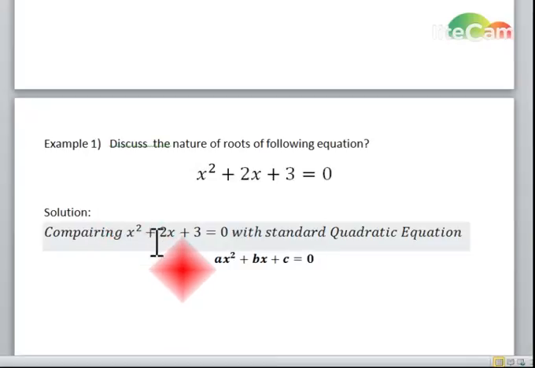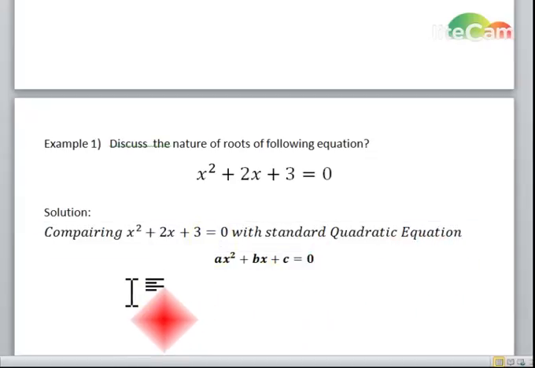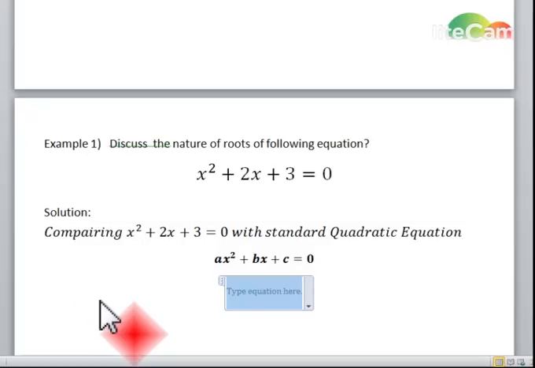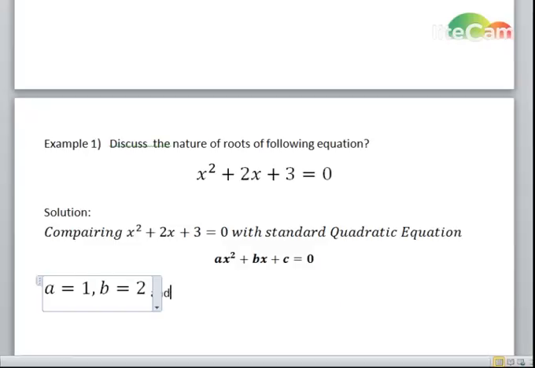To solve it, we compare this equation with the standard quadratic equation, and we come to know that a is equal to 1 and b is equal to 2 and c is equal to 3.